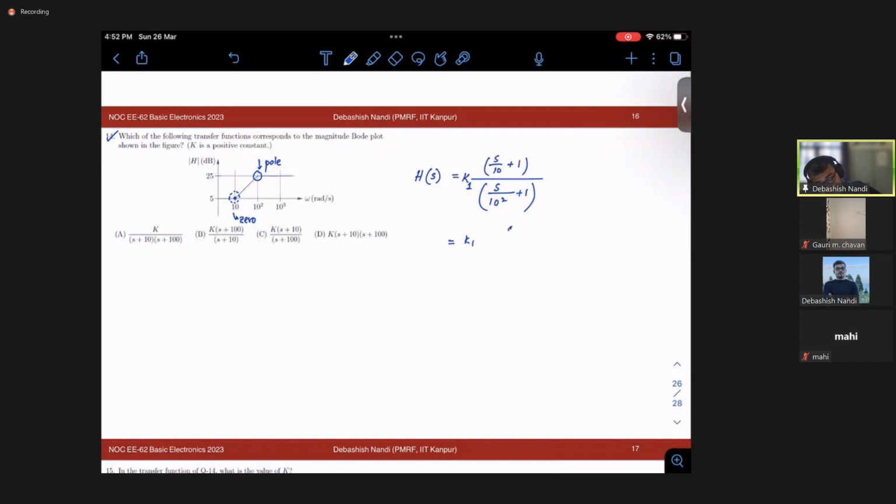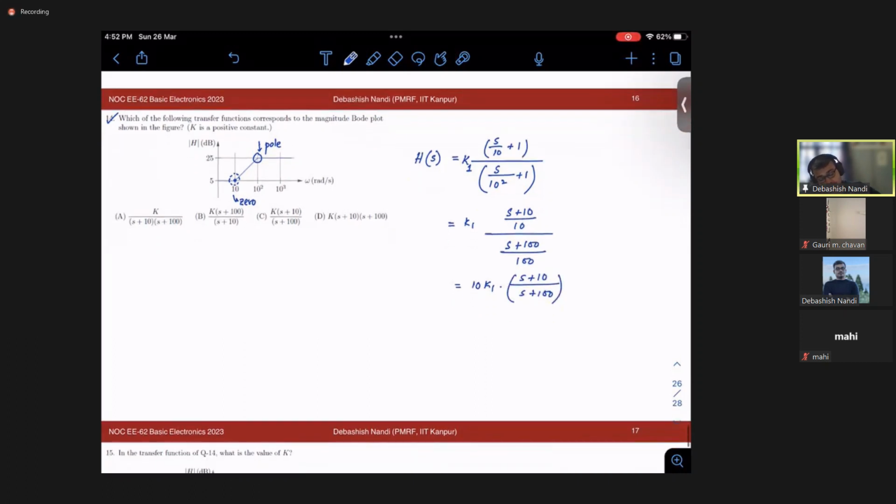So this is k1 (s plus 10) over 10, divided by (s plus 100) over 100, right? So it will be 10 k1 into (s plus 10) over (s plus 100). So I can write this as k (s plus 10) over (s plus 100). So your right form would be (s plus 10) over (s plus 100), C. C is your right answer.